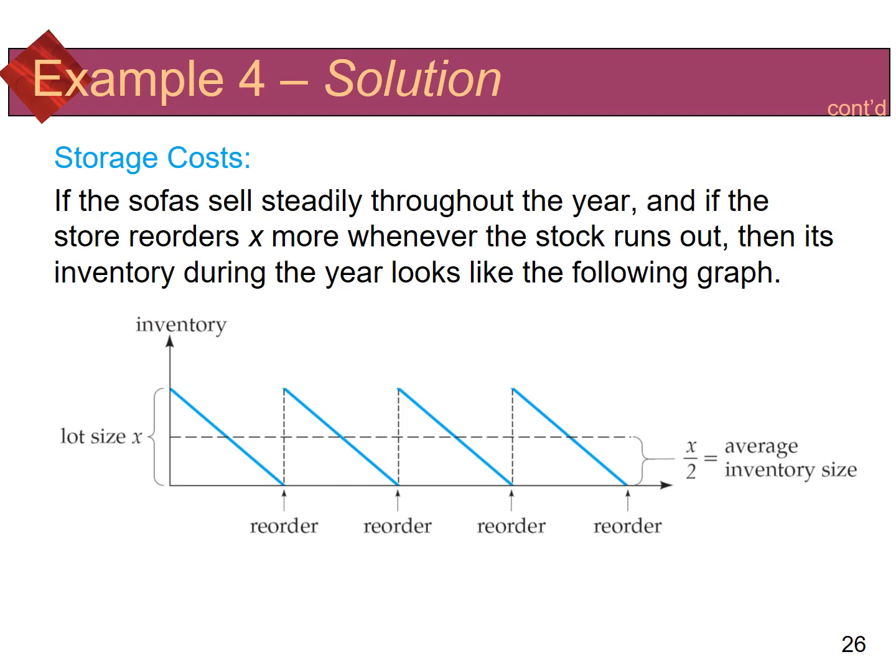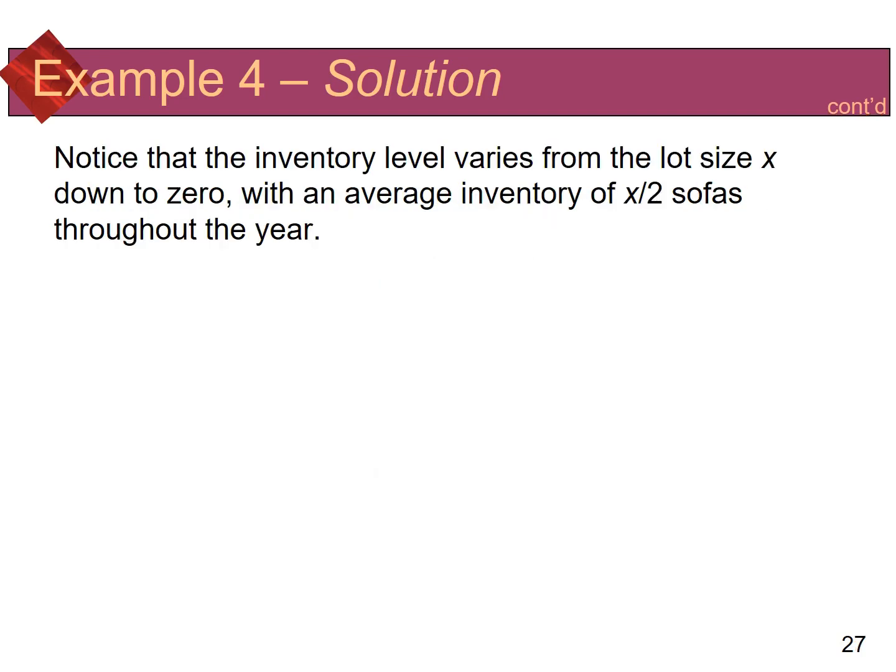It's important to know that because that gets me to the storage cost for that inventory on average. The inventory level falls from the lot size x down to 0, with an average inventory of x over 2 sofas throughout the year. So that's why it's the average inventory.